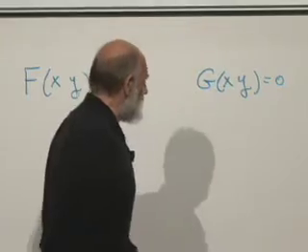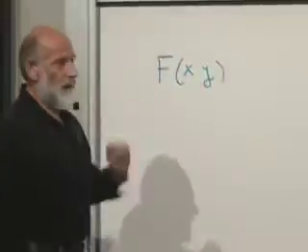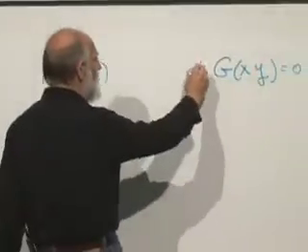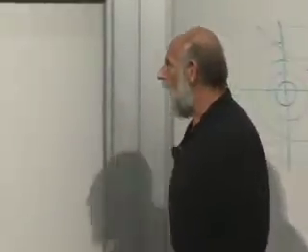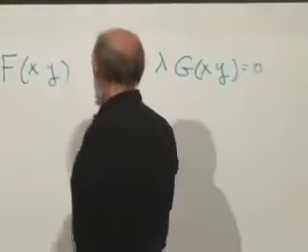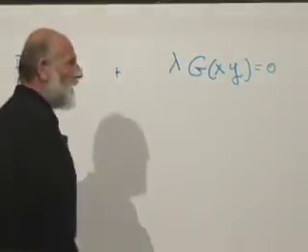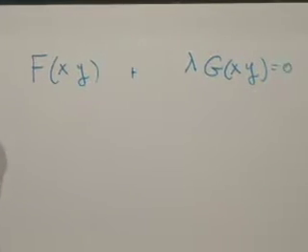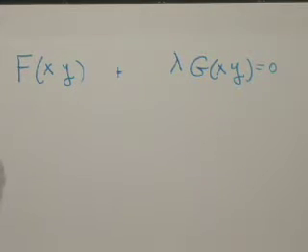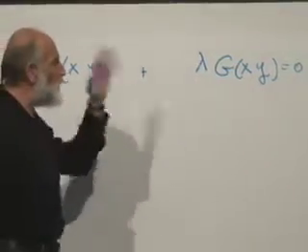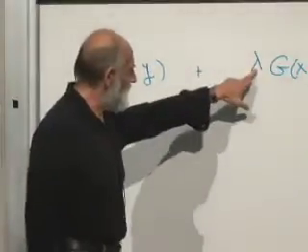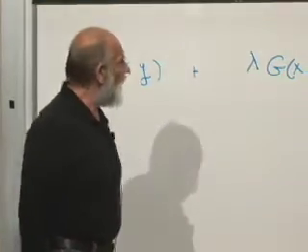All right, here's the trick that you do. You take the constraint and you multiply it by a new variable. The new variable is often called lambda, usually a Greek letter, and it's called the Lagrange multiplier. You add that to f. Add or subtract, it doesn't matter. Now you have a new function of x and y that also depends on this auxiliary variable, which we're going to get rid of in a moment.